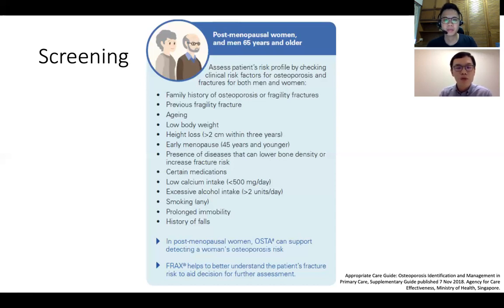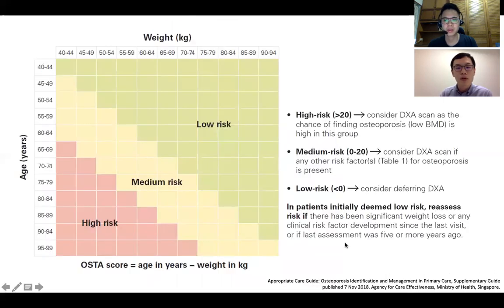And so these patients should be screened earlier. In postmenopausal women, there's also an easy tool called the Osteoporosis Self-assessment Tool for Asians, which can be used in the primary care setting or even the hospital setting to quickly check if a patient may be at increased risk for osteoporosis. That is the next slide. It will put them in either the low risk, medium risk, or high risk category.